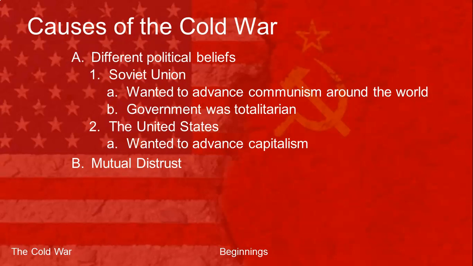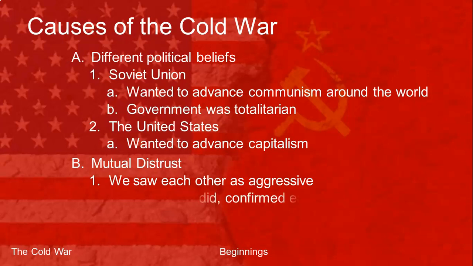There's also a case of mutual distrust between us and the Soviet Union. We see what each other country does as being aggressive. And it's not just us seeing the Soviet Union that way. They saw it that way too when we did things. They viewed it as the United States being aggressive.